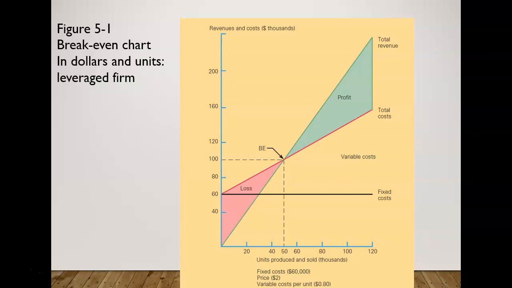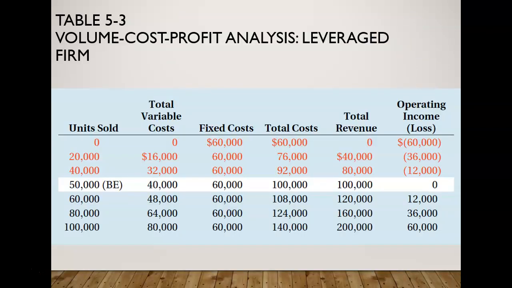Alright? So here we can look at a table of what we are talking about. At the top of the table, you will see that if units produced was zero, then our total variable cost would be zero, but our fixed cost would be $60,000. Total cost would therefore be $60,000, total revenue zero, and our operating loss would be $60,000.